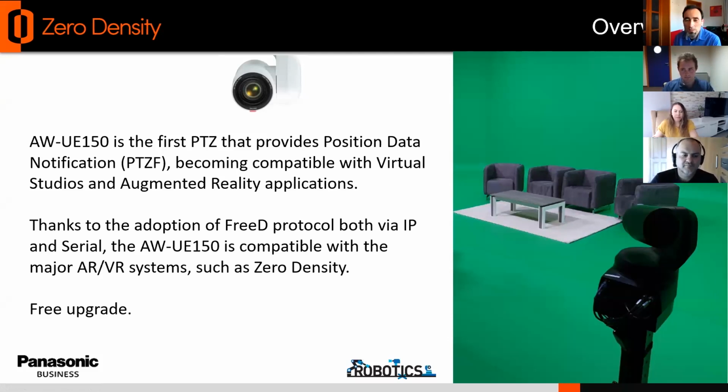For that development, our factory got help from Zero Density, and as a result we implemented a standard protocol for this kind of applications, which is FreeD. We support both IP and serial, and typically we use IP. It's a free upgrade for customers who already have the camera, and now it's a function included with the camera.